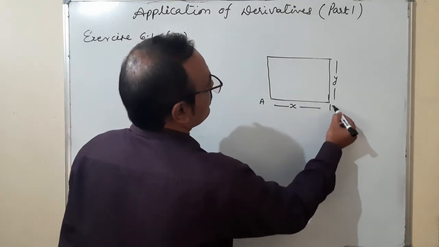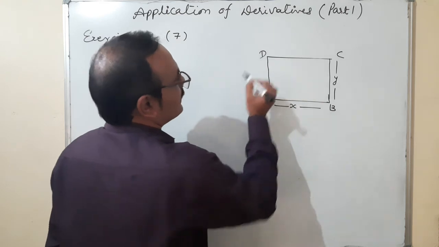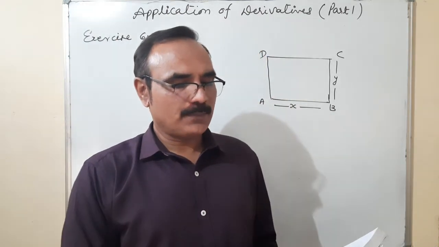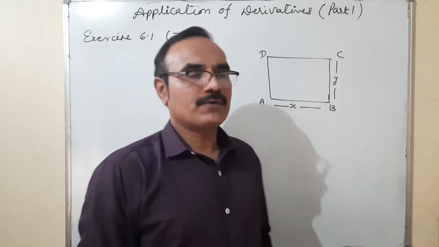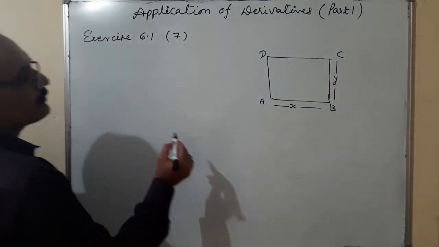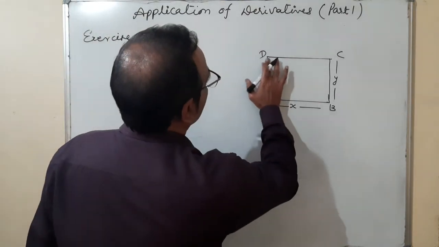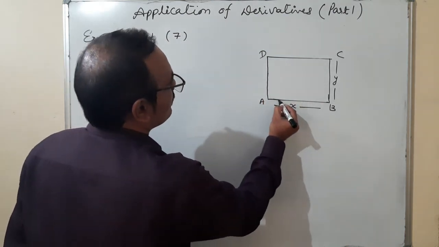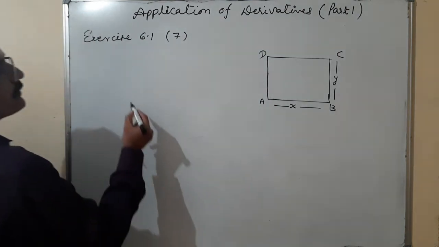Okay, ABCD is a rectangle. Two conditions are there. First of all, the perimeter, and second, the area of the rectangle. So I am writing here the perimeter of rectangle. It's not looking rectangle-like. Yes.